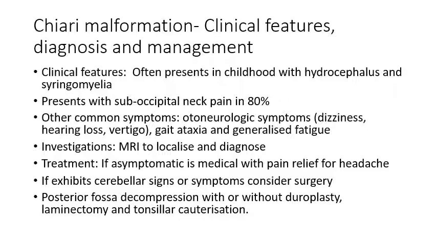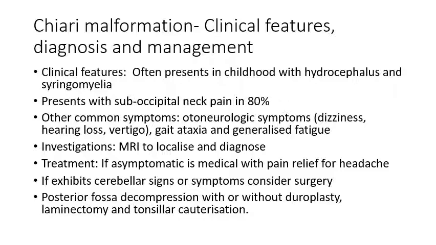In adults more commonly, or in adolescence approaching adulthood, it presents with suboccipital neck pain in most patients. This is more likely to be a Chiari type 1 as opposed to a type 2 if it presents in adolescence or in adulthood. You can get other symptoms, but they're less common.